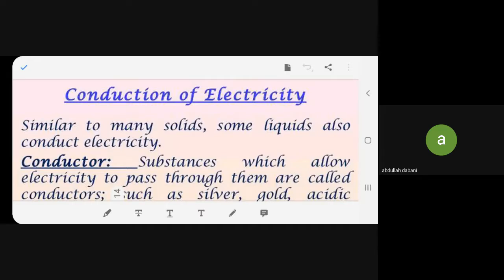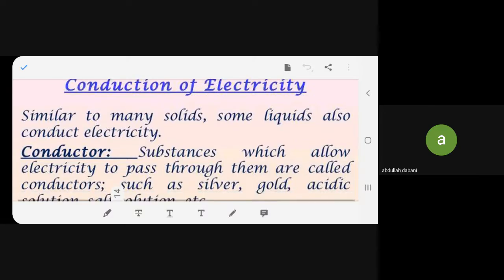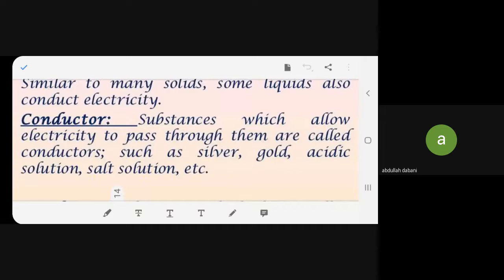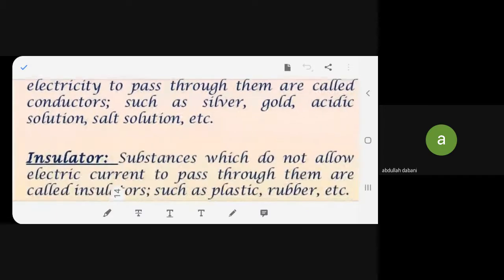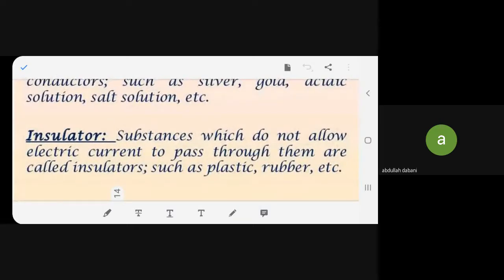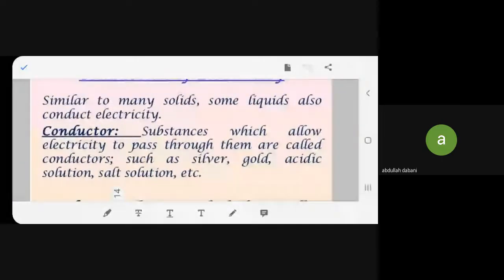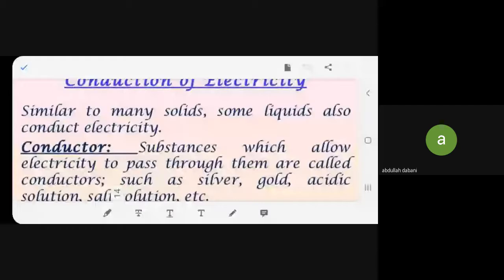Conductors are substances which allow electricity to pass through them, such as silver, gold, acidic solution, salt solution, etc. Insulators are substances which do not allow electric current to pass through them, such as plastic, rubber, etc. Now we know solids that are conductors are metals, copper, iron, silver, gold.